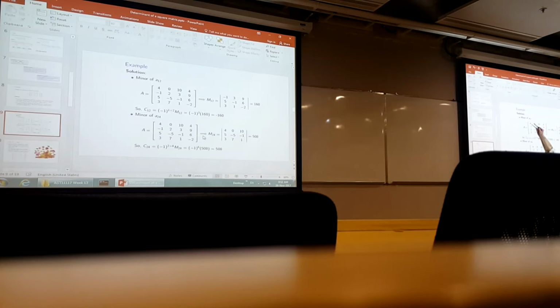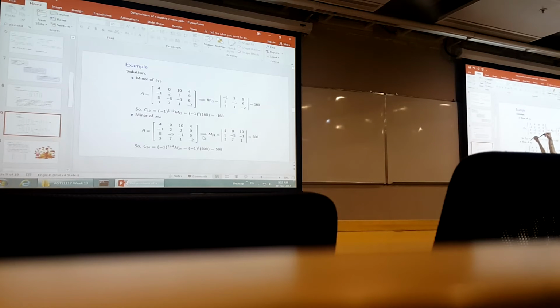Say this one will be positive, negative, positive, negative, and so on. Say in this position, first row, second column, we have calculated the minor is 160. So the cofactor of this position is positive, negative. It's negative 160. It is the cofactor of this position in this matrix.